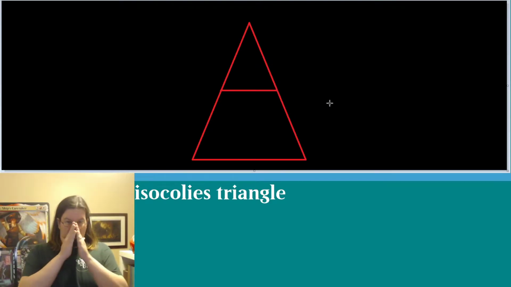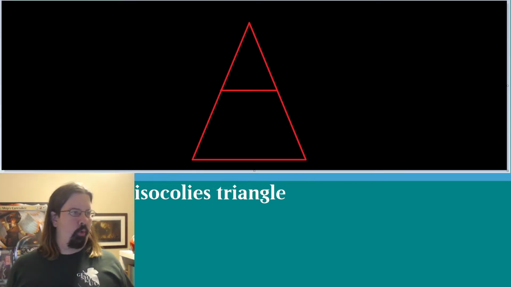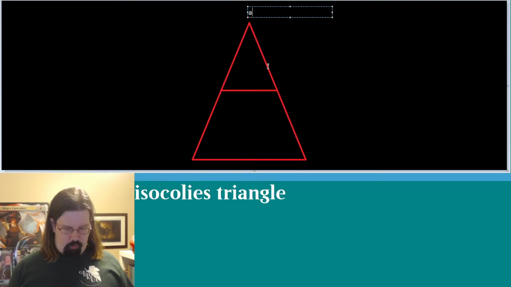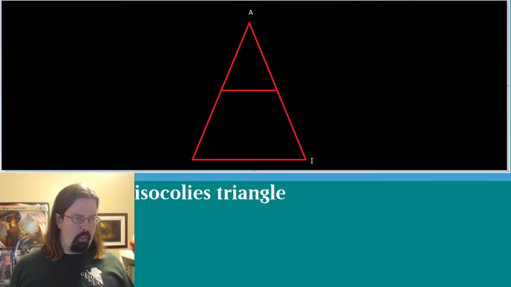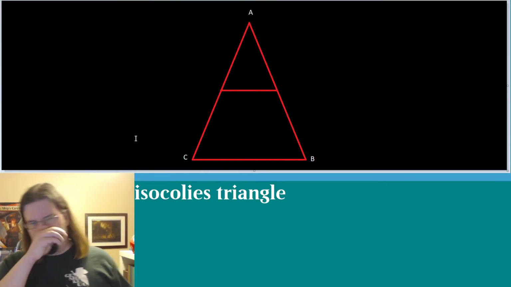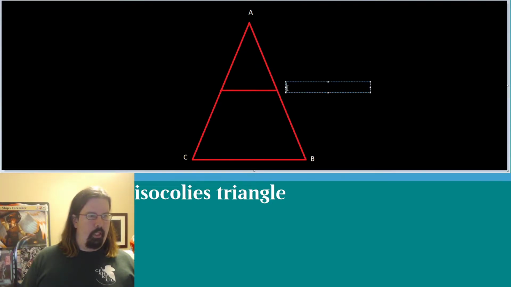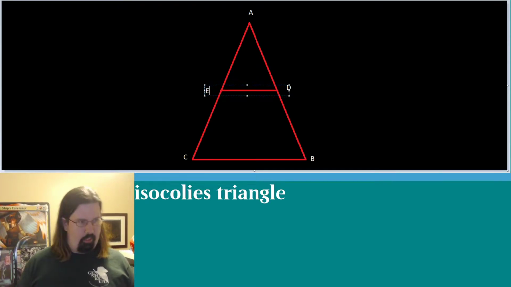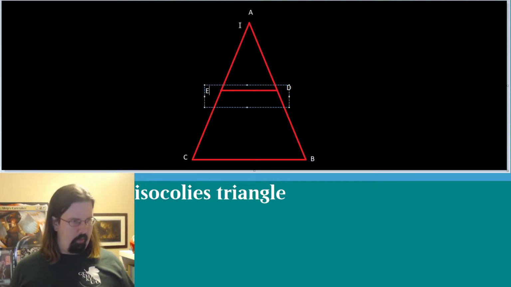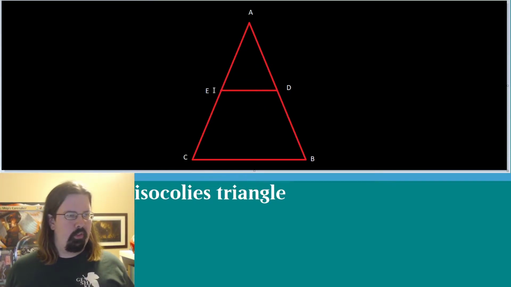Now let's label our points, live our best lives and try not to sneeze, but sneeze anyway. A, B, C. So we have a triangle, ABC, and we have this line, DE.